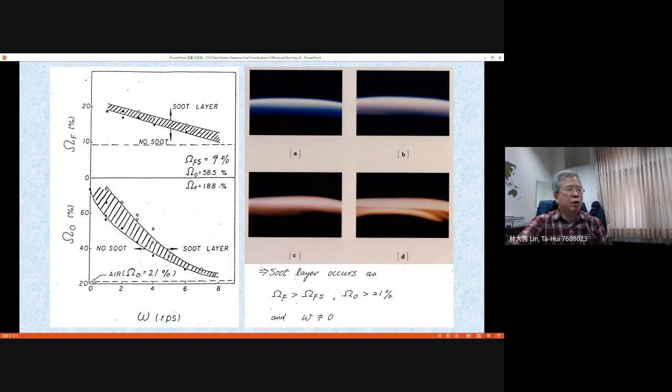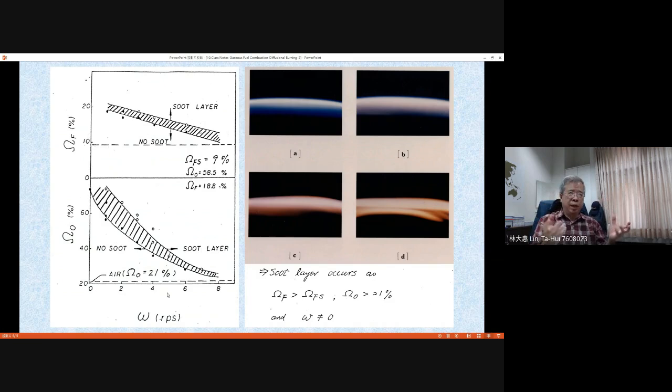And if you increase your oxygen concentration higher than 21%, usually, if you have a suitable rotating speed, you still can have a soot layer occur. The same features hold for the upper and lower parts: when you increase omega, in both cases it enhances soot formation.